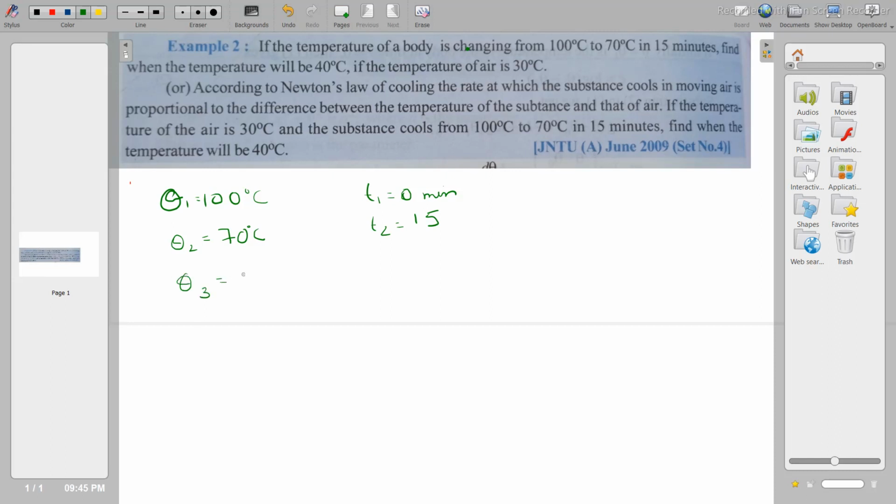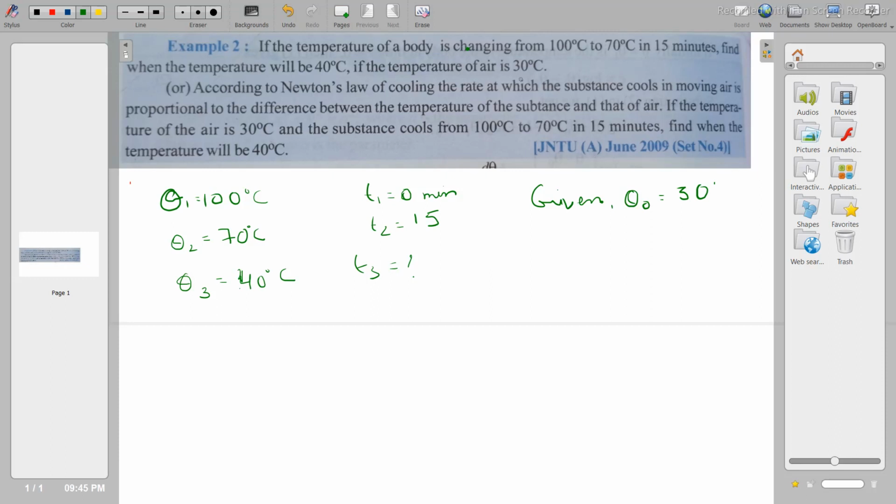So this question is simply asking for the time t3 when theta 3 is 40 degrees Celsius, given theta naught is equal to 30 degrees Celsius.